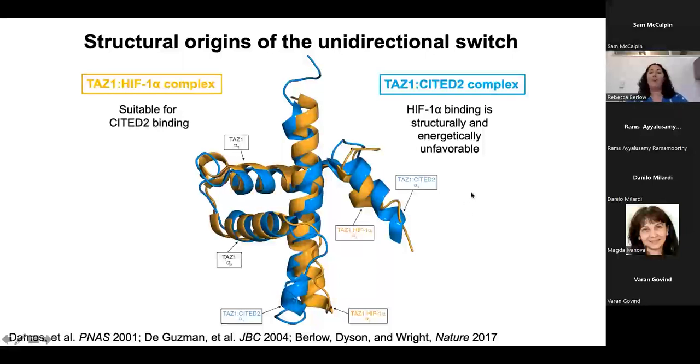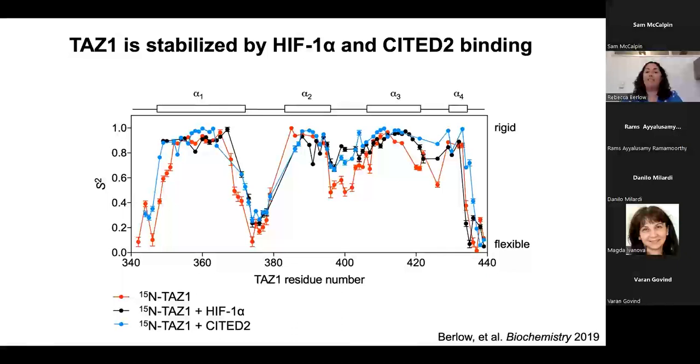And so what we hypothesized, just looking at the solution structures of TAZ1, which I've now colored in the same scheme that I've used for HIF-1 alpha in orange and CITED2-bound TAZ1 in blue, was that perhaps there was something about the TAZ1 conformation that was suitable for CITED2 binding when HIF-1 alpha was bound, but that once CITED2 was able to bind, it would make HIF-1 alpha binding structurally and/or energetically unfavorable. And so to understand this further, we once again turn to our NMR relaxation measurements.